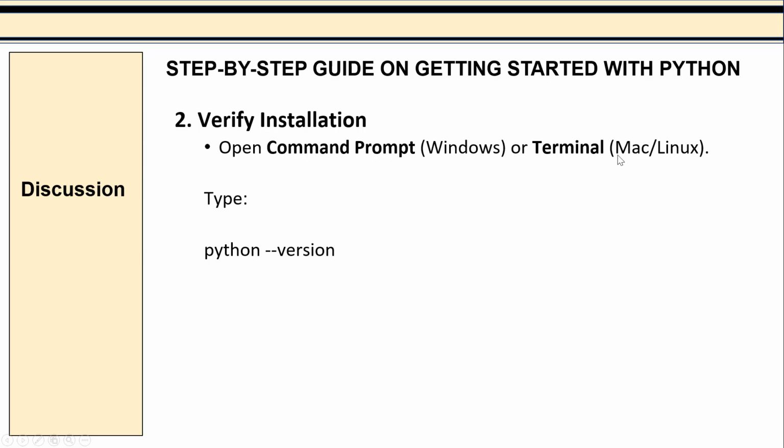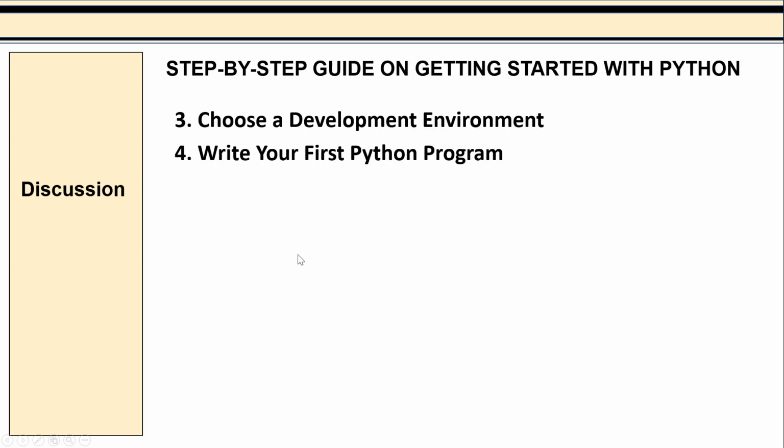Even in Mac or Linux, there is the same command, python --version. Then we can proceed to choosing the development environment and write your first Python program.